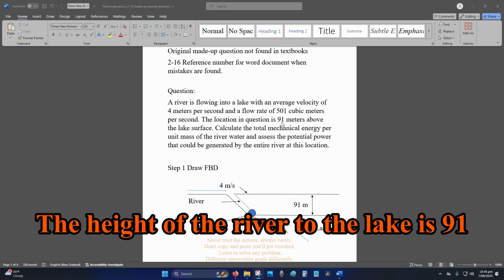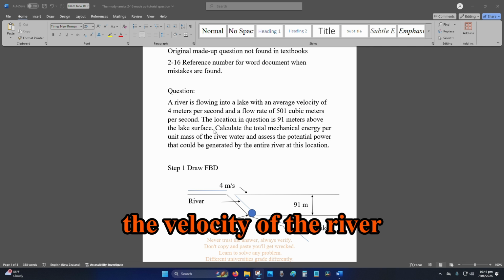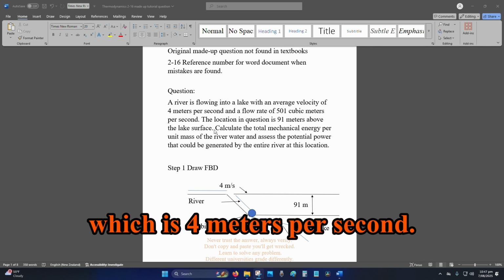The height of the river to the lake is 91 meters above the lake surface, and we have the velocity of the river, which is 4 meters per second.